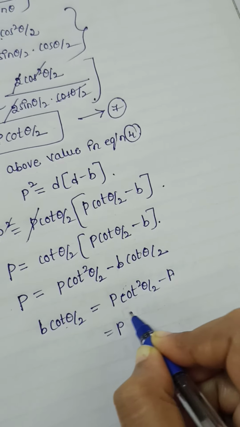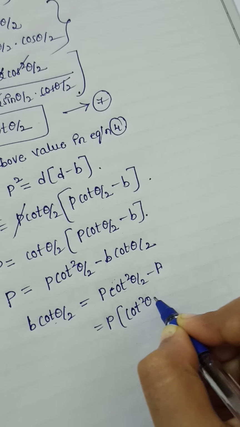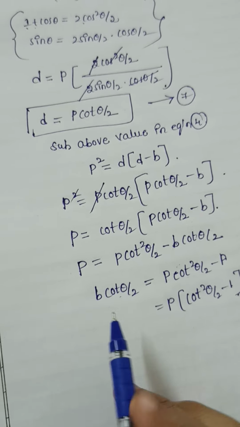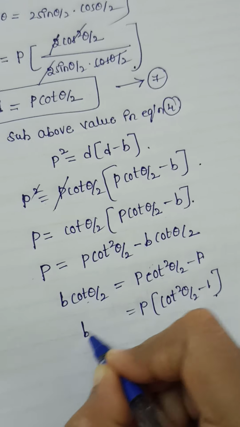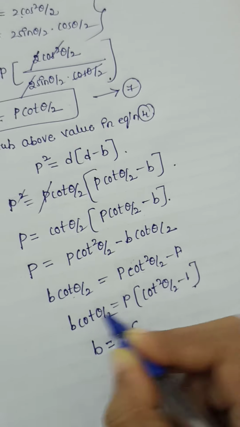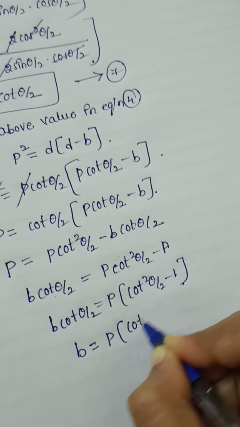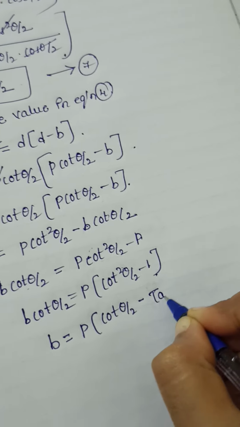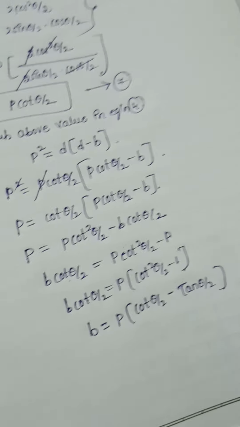Now take P as common: cot square theta by 2 minus 1. Next, take cot theta by 2 to the right hand side: B is equal to P into cot theta by 2 minus 1 by cot. 1 by cot means tan theta by 2.